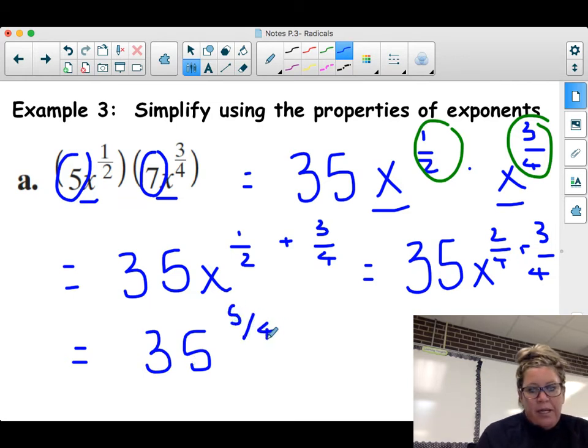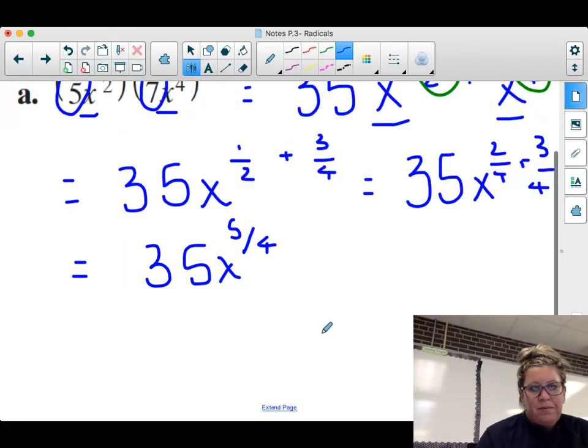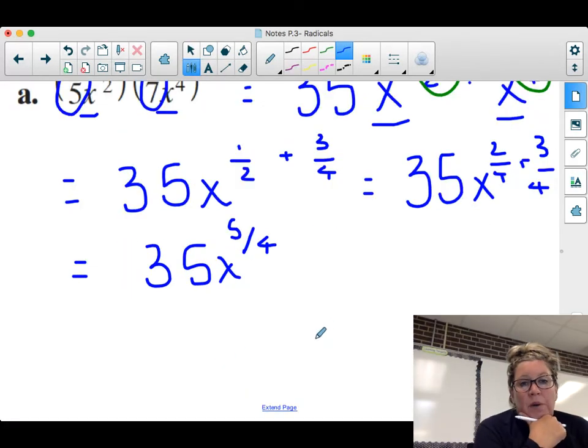All right, and we have that x. Now what we have is a single term with a rational exponent. We can now change that to a radical.